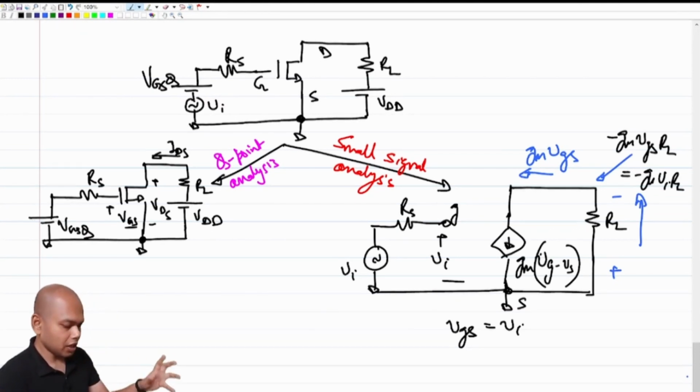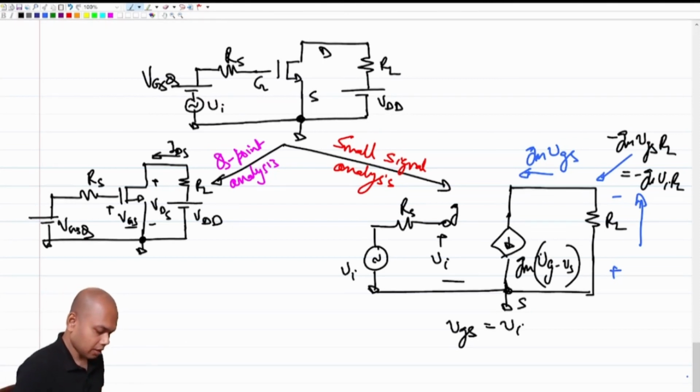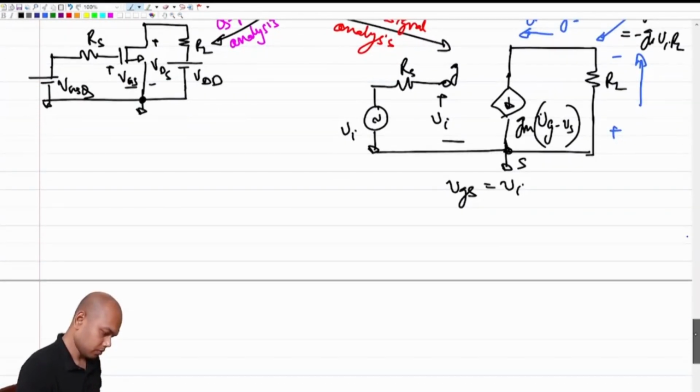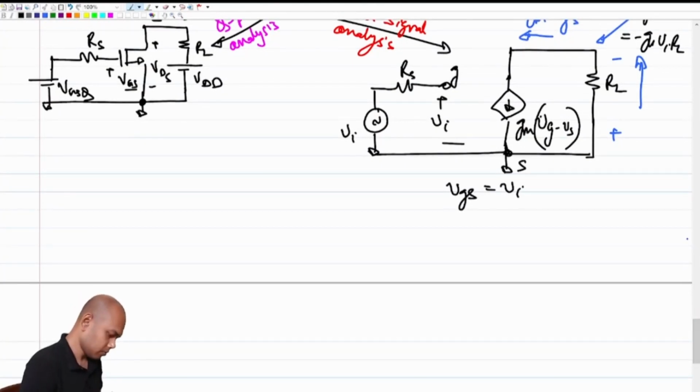So what is the total VGS? When you have to find out the total, we have to add up.